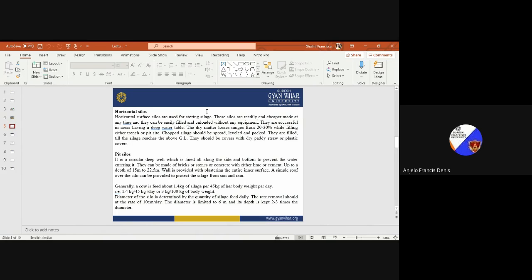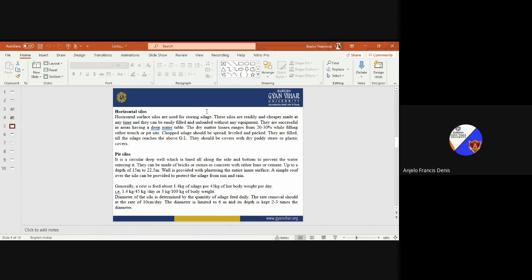This type of silo can only be constructed in areas where the water table is very deep. Otherwise, there are going to be chances of corrosion as well as loss of water or dry matter. And that dry matter loss is limited to 20 to 30%.